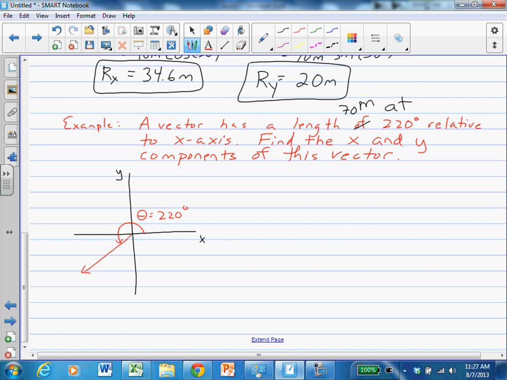Okay, so to get the Rx of this, which would look like this, would be the Rx component there, and Ry would look like that.